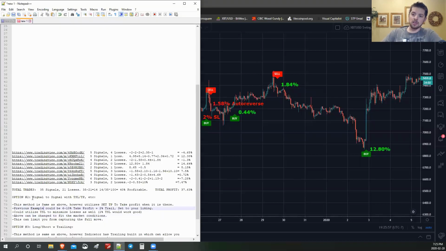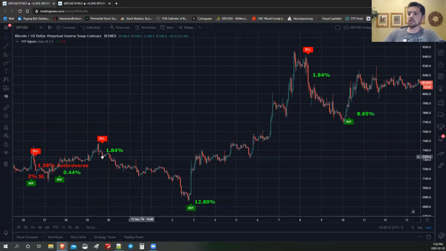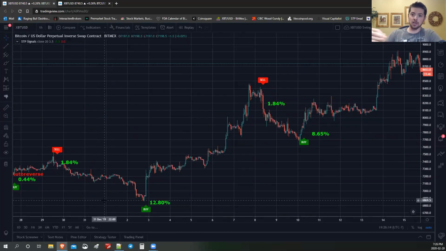So basically, in a nutshell, signal to signal with TSL and take profit will be the same as signal to signal. However, whatever you choose for TSL and take profit will limit you from capturing the full move. So don't expect to set a TSL and a take profit and catch something like this. This 12.8 is a tricky one to catch.